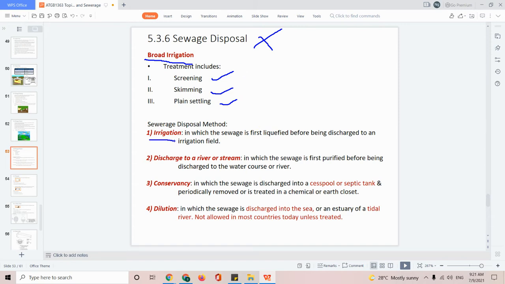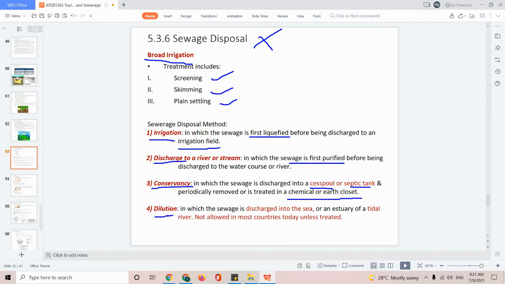So when it comes to irrigation, we want to liquefy it before we discharge it into an irrigation field. Or when it comes to discharging it to our sewage or stream, we want to make sure it's clean. First, we need to purify it. And then after that, if we have conservancy, we want to discharge it into our cesspool or septic tank, and then remove it away.